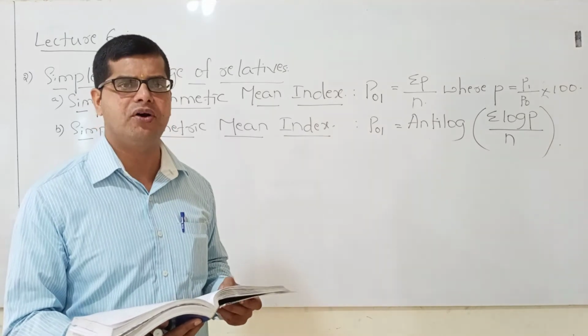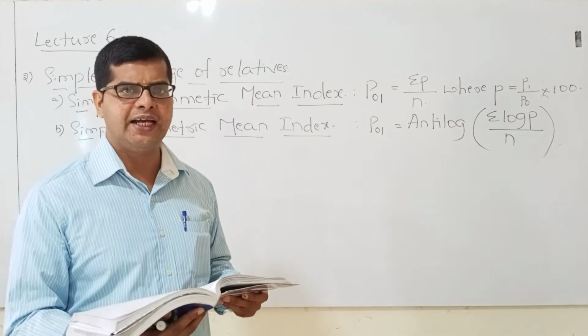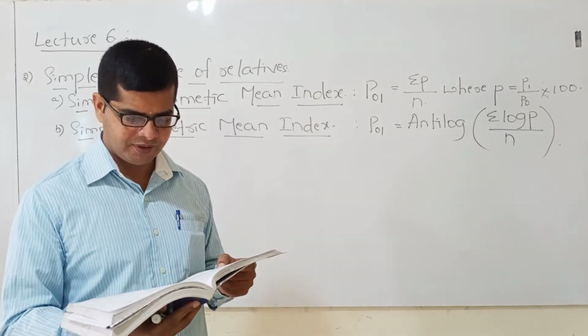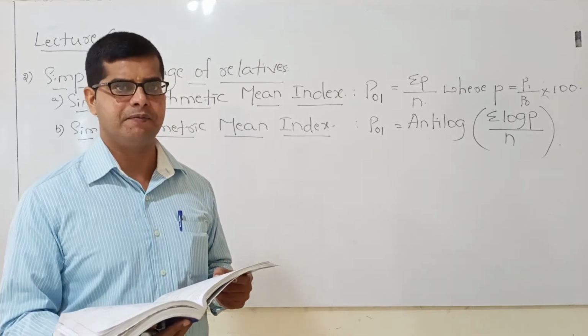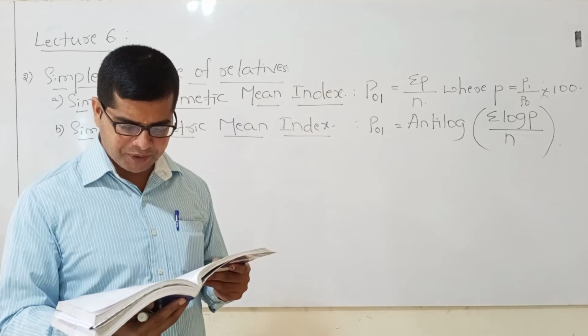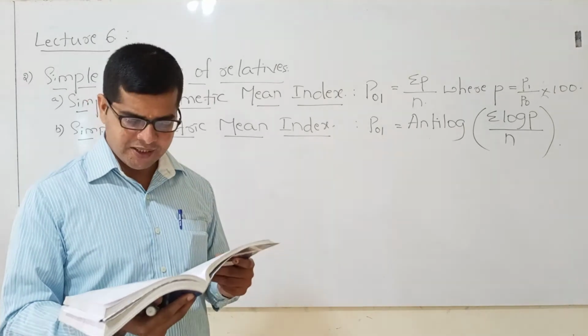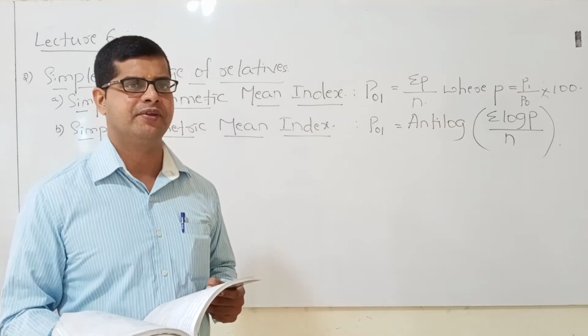We have 3 rows. First row, items, commodities A, B, C, D, E. Second row, prices in 2010. Third row, prices in 2012.